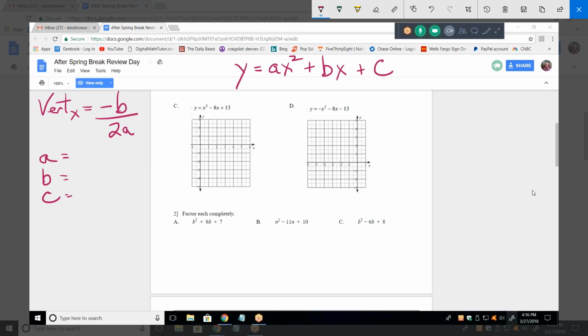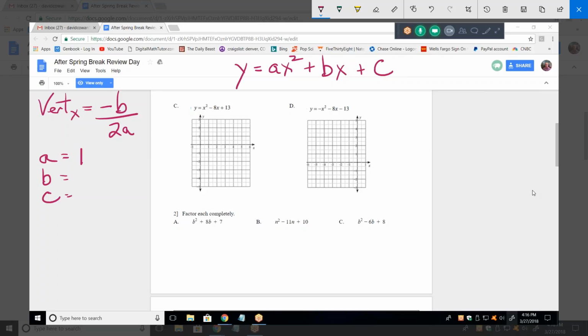So what is A? What's the coefficient in front of that x squared? 1. All right. When a coefficient is 1, it's not written, it's presumed to be 1. You would not write a 1 there. You don't need to. What's B?